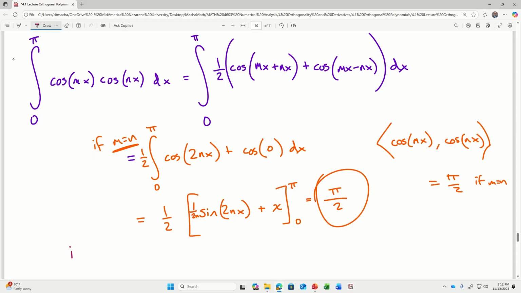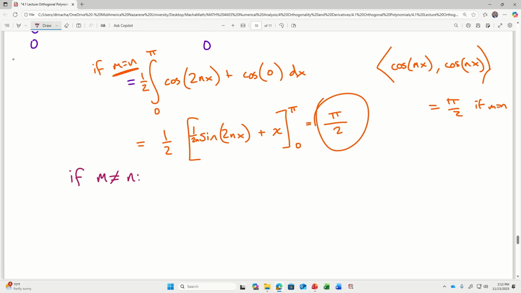Let's do that case. If m is not equal to n, then this is going to be 1/2 times the integral from 0 to pi of cosine of mx plus nx, plus cosine of mx minus nx dx.